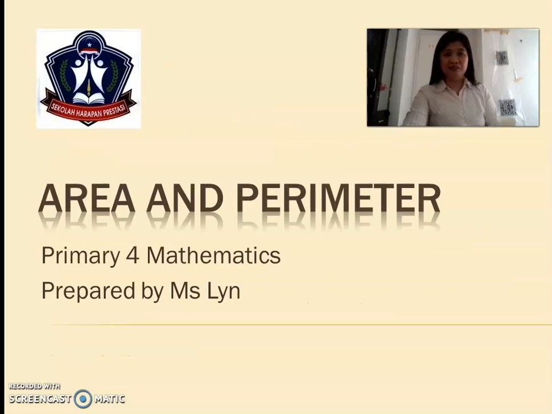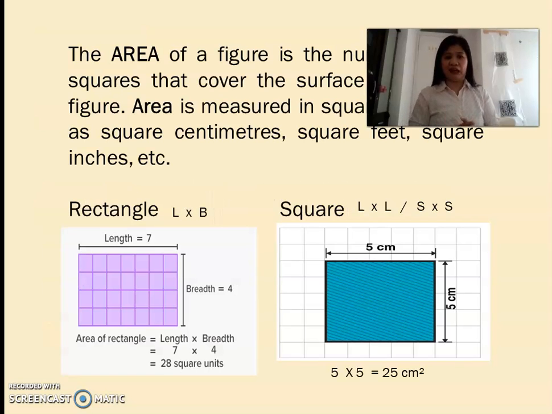So let's begin. The first chapter that you have to review is about area and perimeter. What do we mean by area? When we say area, this is the number of unit squares. So we count the unit squares that cover the surface of a closed figure.